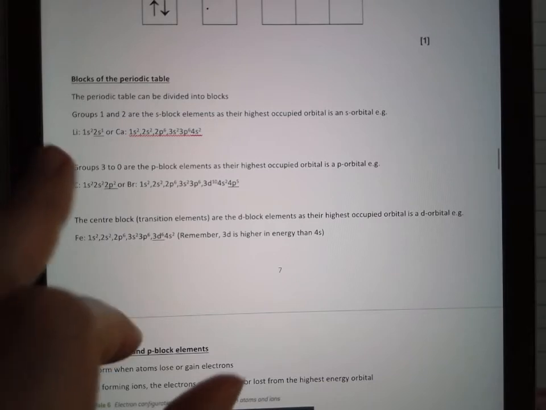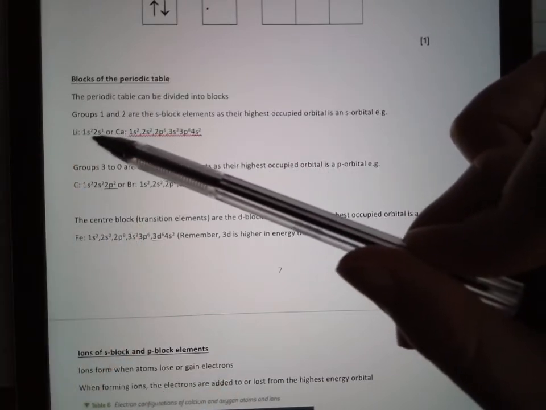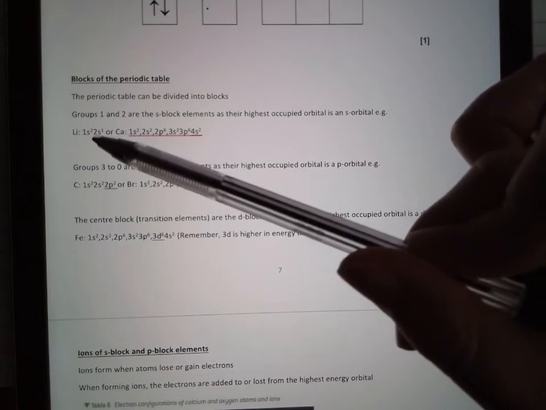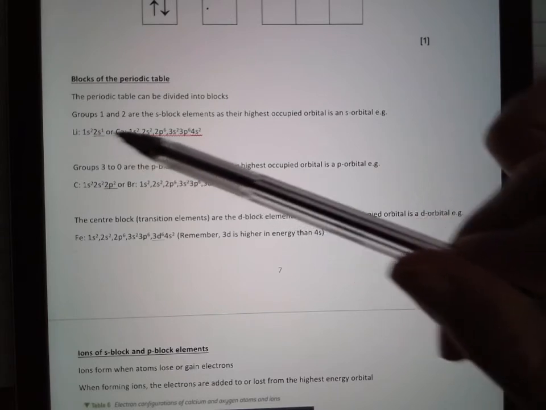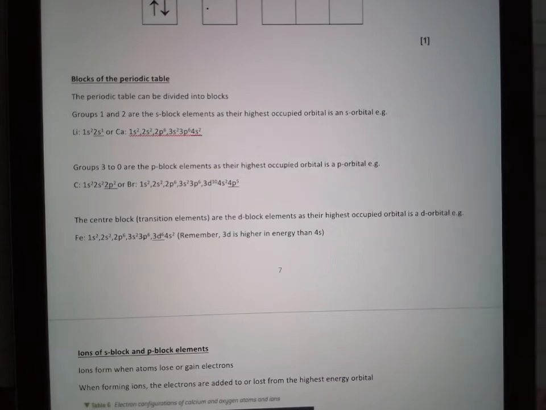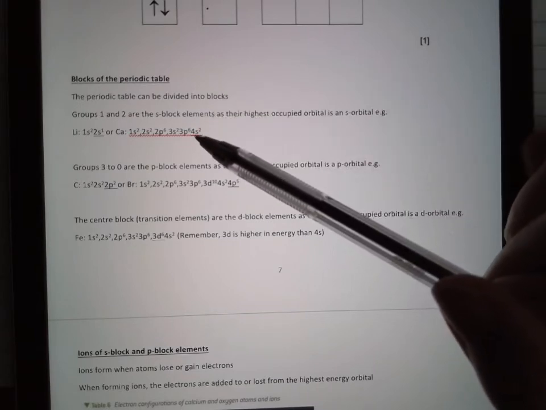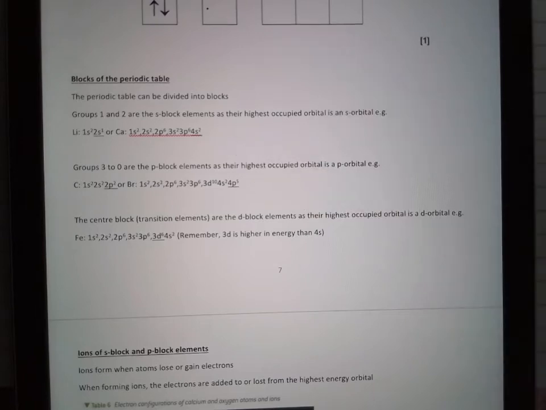If I look at lithium, when I draw out the electron configuration, I see the highest energy orbital is a 2s orbital. For calcium, the highest energy orbital is a 4s orbital. You will see that for all of the group 1 and all of the group 2 metals, when you write out the electron configuration, their highest energy orbital is always an s orbital. So we call them the s block.